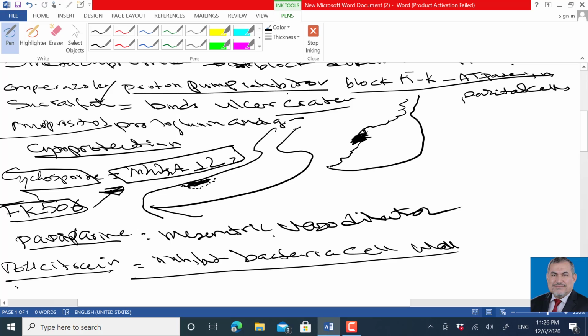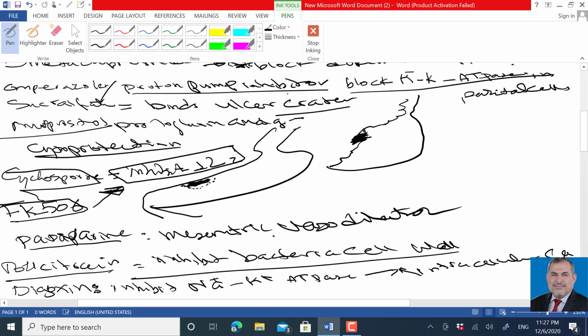What's the mechanism of action of digoxin, which is very important? Digoxin has been on the throne of drugs for more than 150 years, among the heart drugs. It inhibits sodium potassium ATPase, leading to increased intracellular calcium.